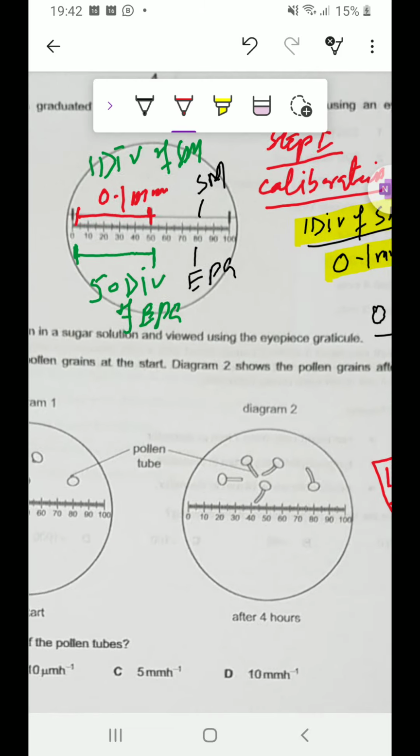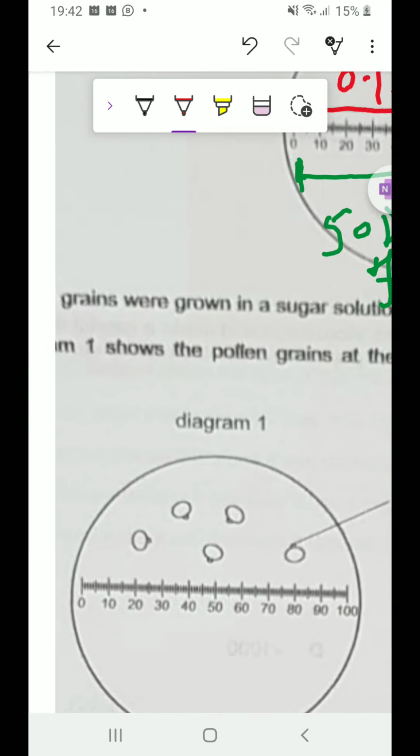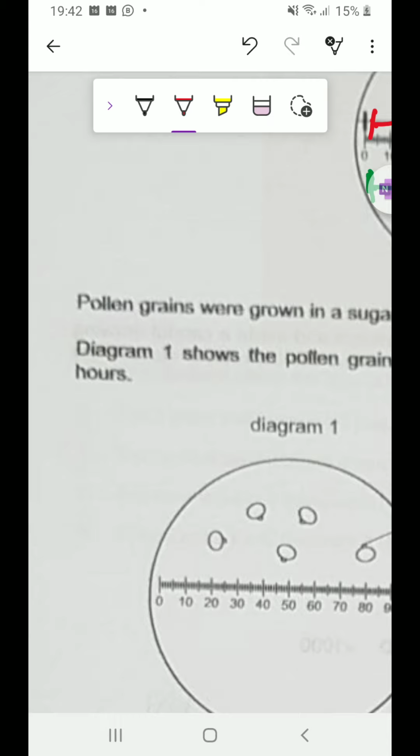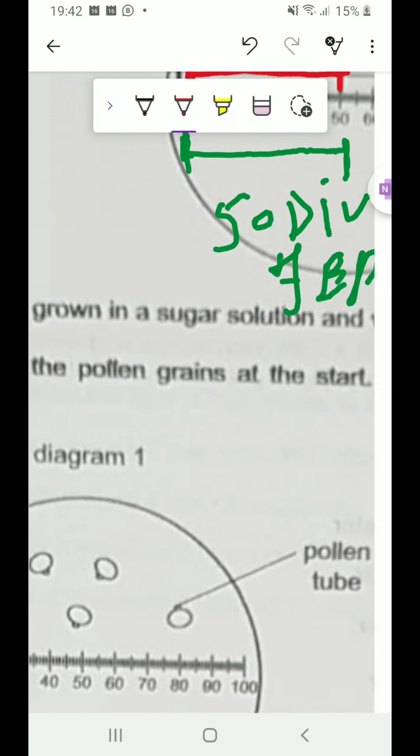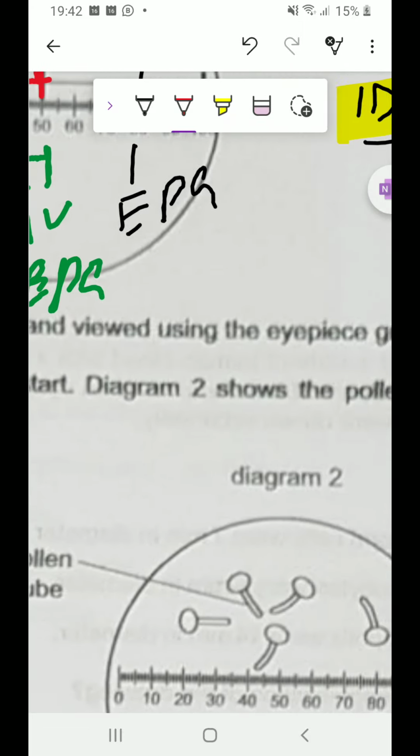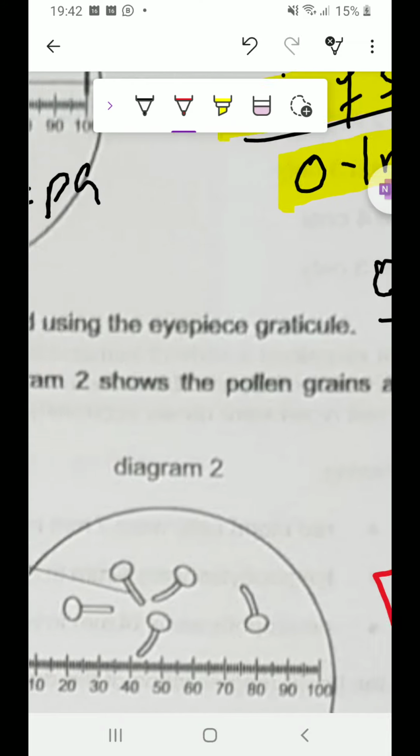Let's see this case now. Calibration is done. In step 2, pollen grains were grown in a sugar solution and viewed using the eyepiece reticule.